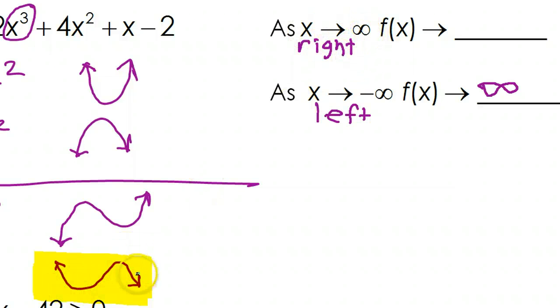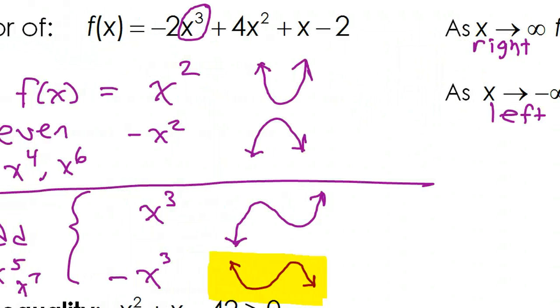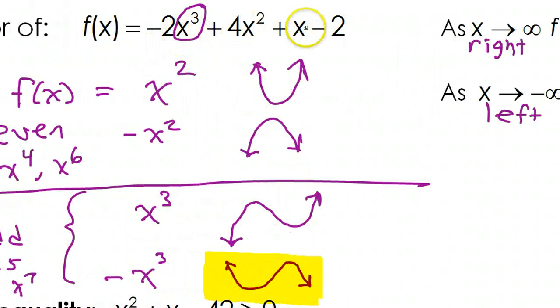As we go to the right, it ends up going down, so that's going to be negative infinity. Okay, so that's how you can tell the end behavior without being given a graph. You can just do a little sketch of the end behavior. And again, it would work the same way if this were the 5th power or the 7th power.